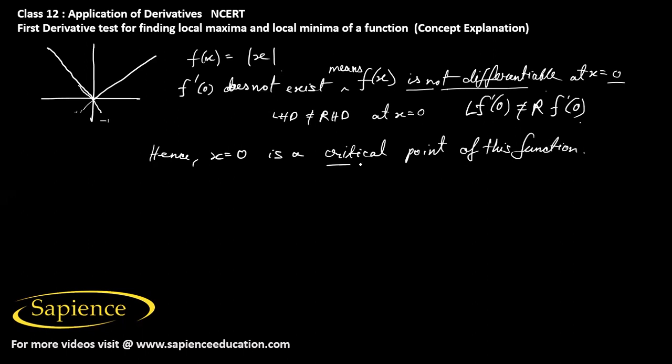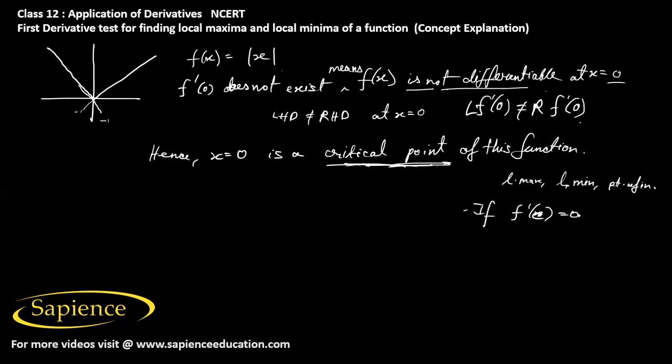So we know that at the critical points only, these three things can come: the local maxima, or the local minima, or the point of inflection. And how to find a critical point? Those points where f dash c is 0.